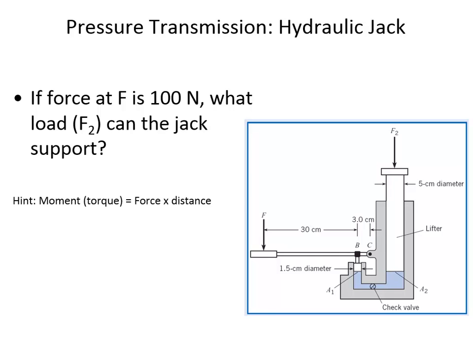So D1 is 0.015 meters. So let's divide by the area, 0.00017773 meters squared. That gives a pressure of 6,225,000 newtons per meter squared. That's the pressure of the fluid.